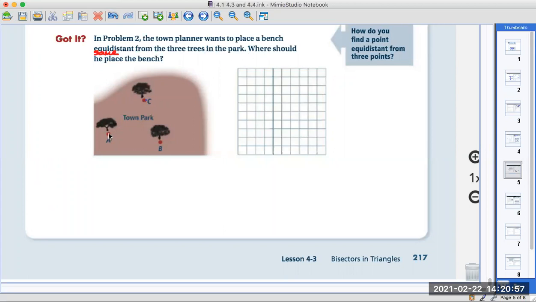So you've got 3 trees, and somewhere you want to place the bench so that it's the same distance to all 3 trees. Well, that's your perpendicular bisector. So you're going to create 3 perpendicular bisectors of all 3 sides.